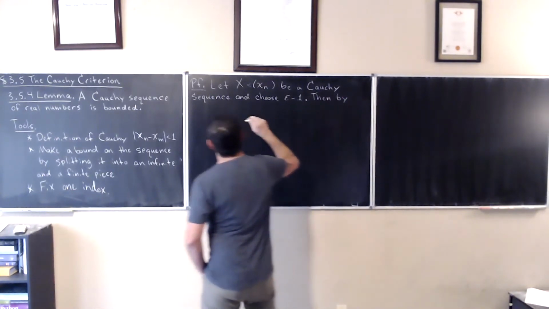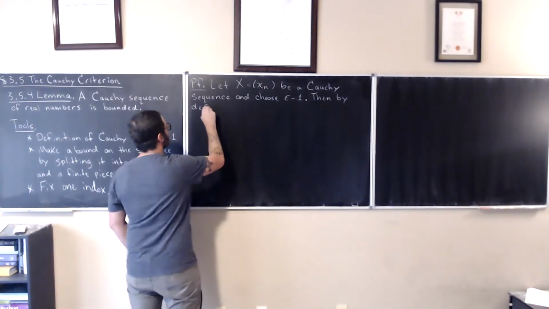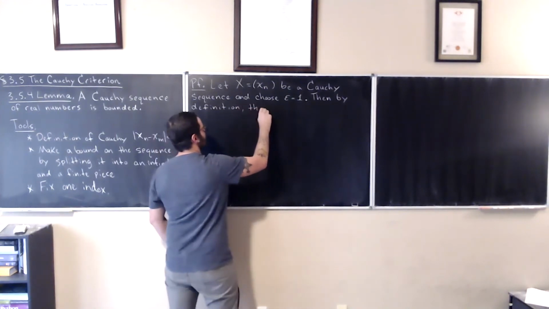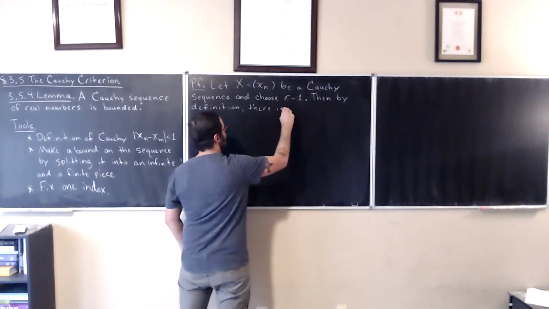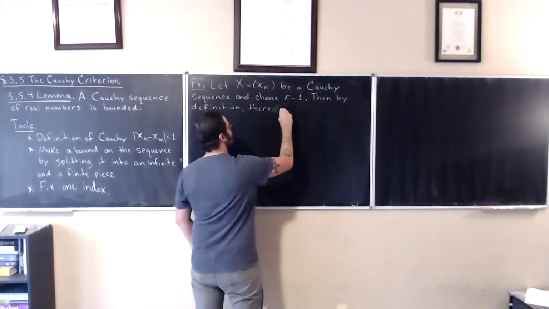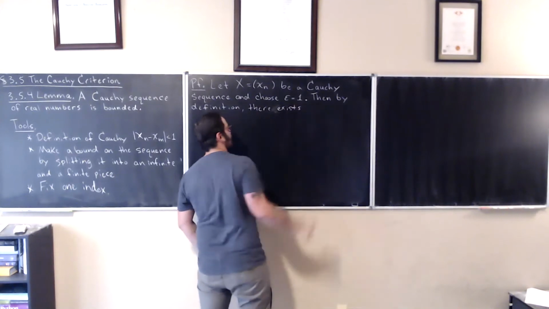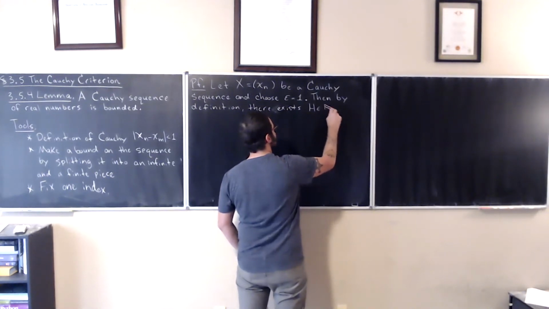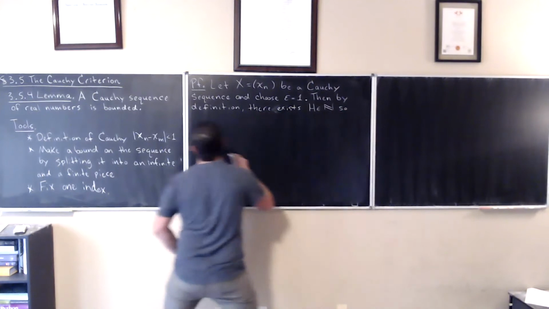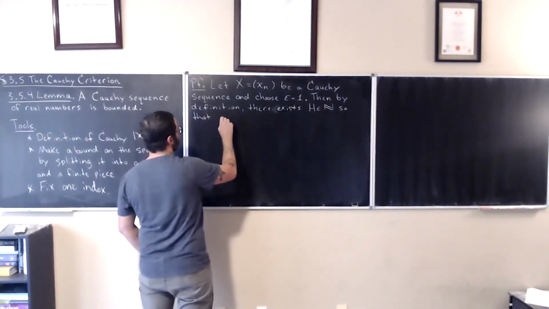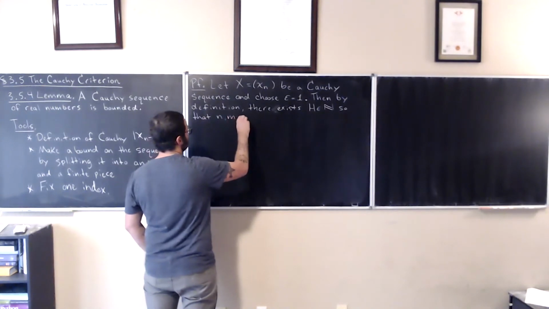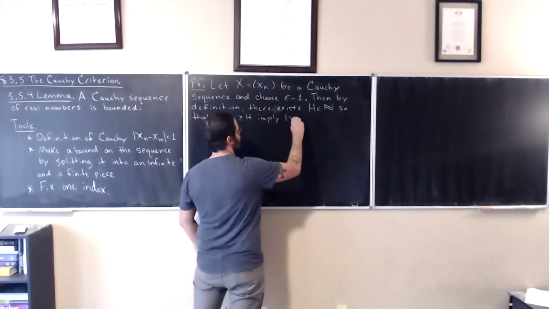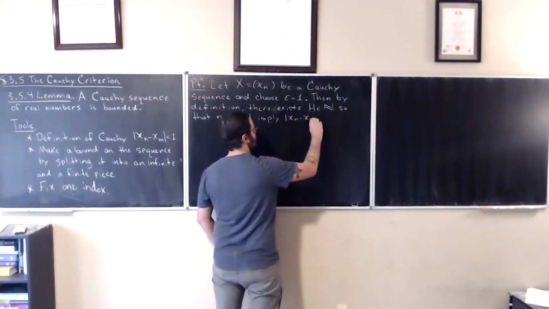Then by definition, there exists some index h so that n and m greater than or equal to h imply that the distance from x_n to x_m is at most epsilon.